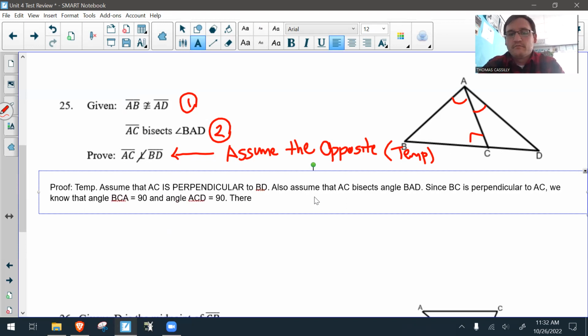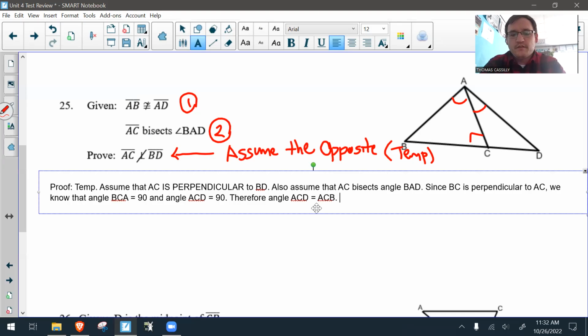Therefore, angle ACD is equal, I'm going to say equal, I don't know how to make a congruent symbol. Therefore, angle ACD is congruent to ACB. All right. So that's kind of one thing we have. We also need to mention the angles up top.